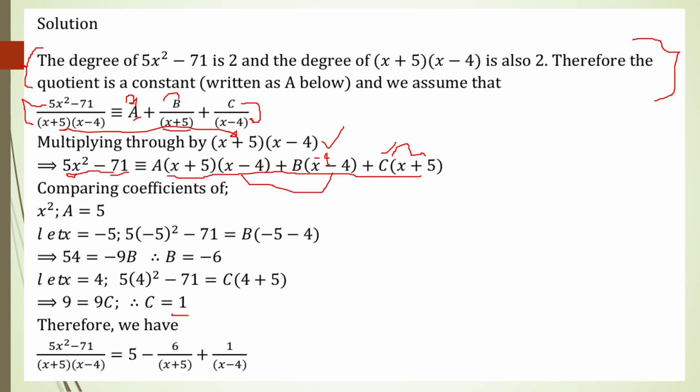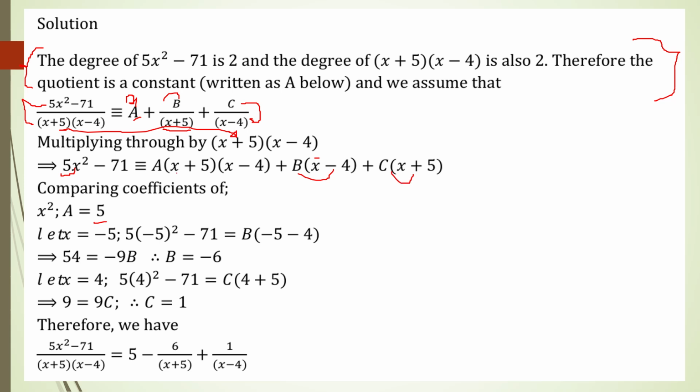But for this case, we decided to use both methods, both letting the value of x be something and also equating coefficients, so that you don't get biased. So if we start by comparing coefficients of x squared, you realize that on your right hand side you only have 5. And on this side we don't have any value of x squared.